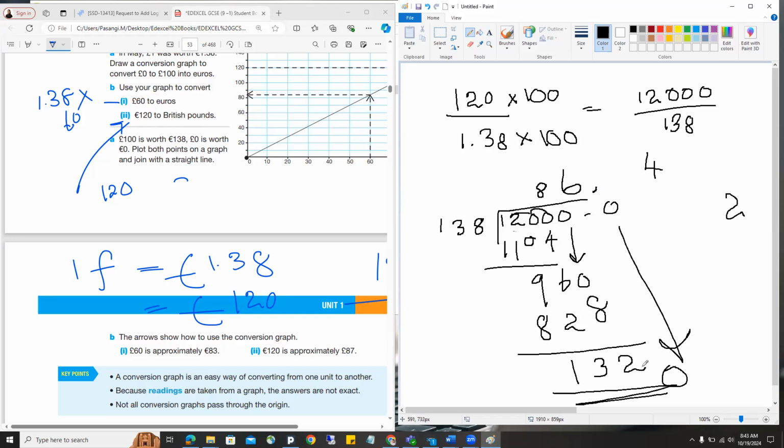So for 1320, we might have 9. So it will be approximately 86.9. That means the value will become 86. Okay, is it clear? Yes, miss.